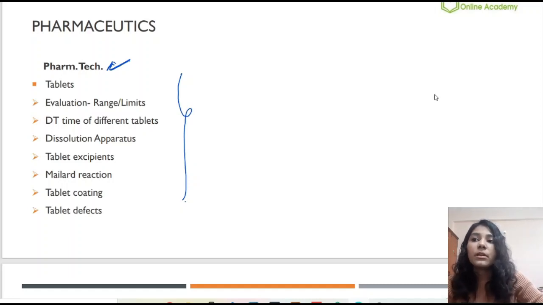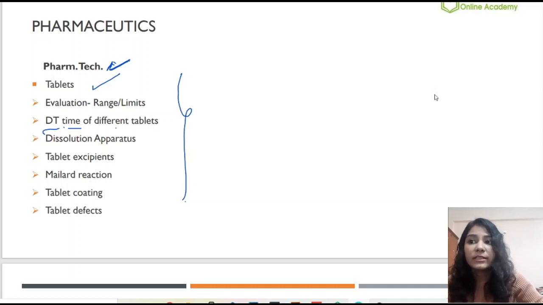Mainly evaluation, range and limits, like the range of weight variation, content uniformity, and friability. Then disintegration time of different types of tablets, like sugar coated tablets, enteric coated tablets, and film coated tablets. Then types of dissolution apparatus according to IP, USP and BP.